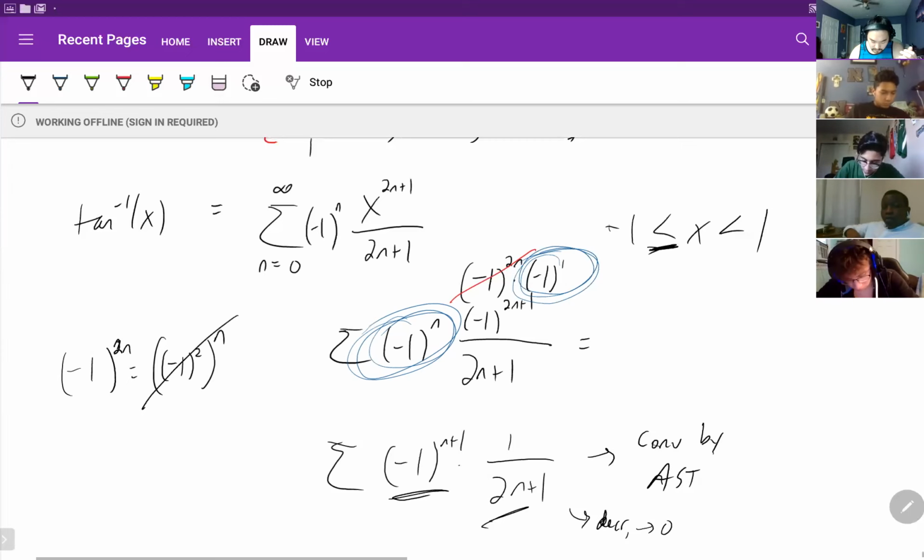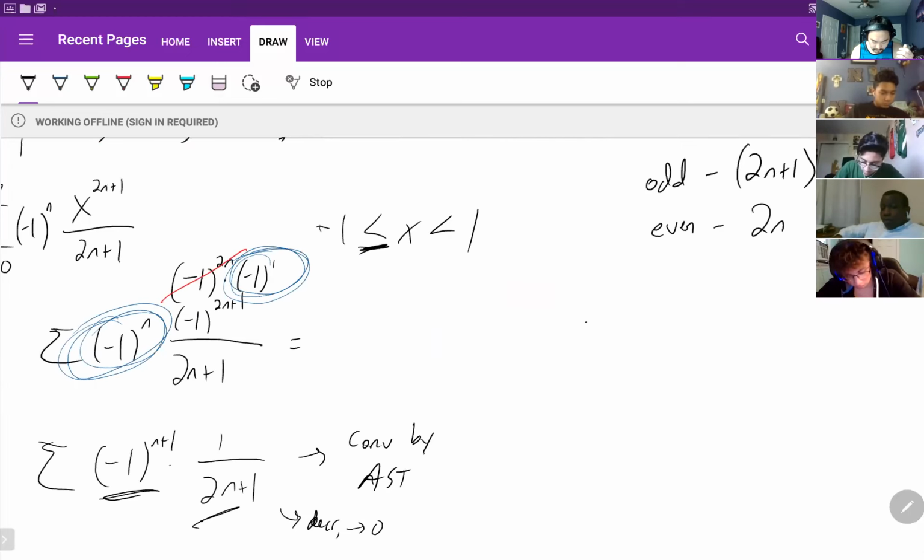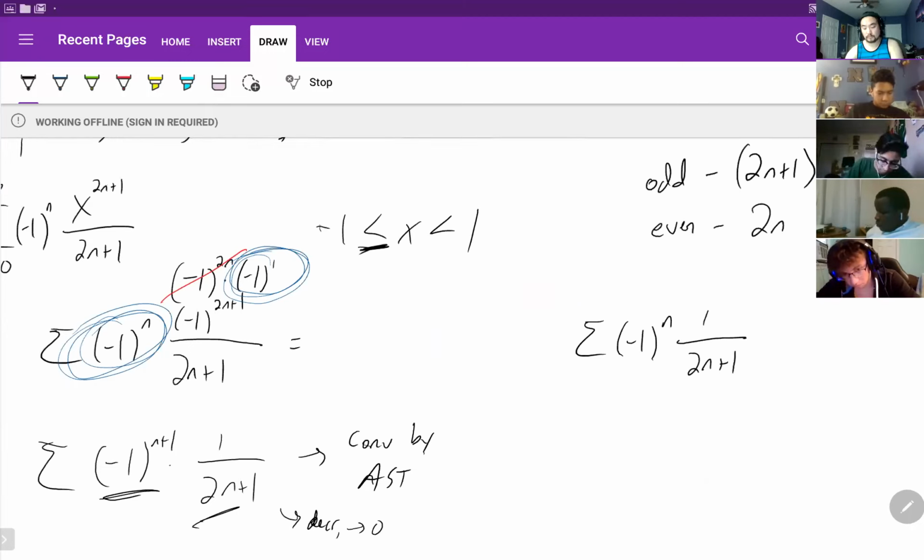And then we have to test what's going on at 1. So here we go. This becomes -1 to the n times 1 over 2n plus 1. What's going to happen? It's going to diverge because harmonic.